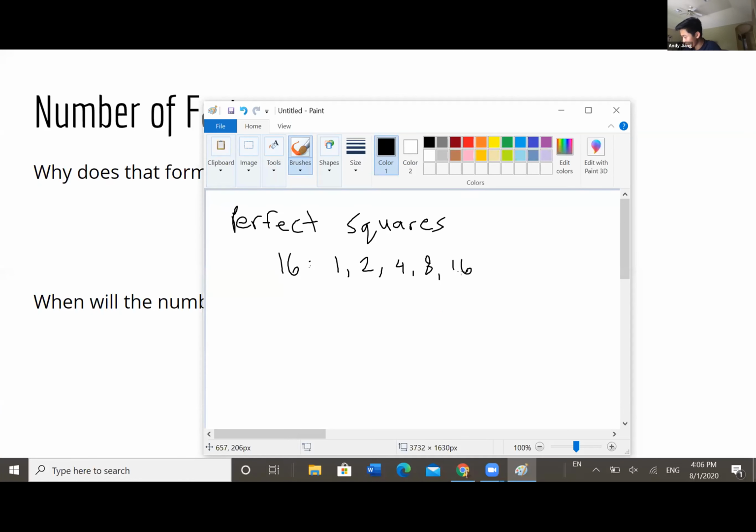And you'll notice that each pair of these match up. So the smallest one goes with the largest one. The second smallest goes with the second largest because they always multiply to 16, right? So we always have factors that come in pairs unless there's a factor that doesn't come with another number, which means it has to come with itself.